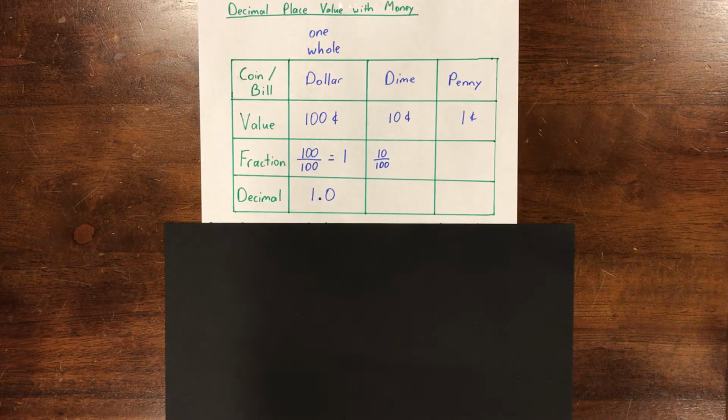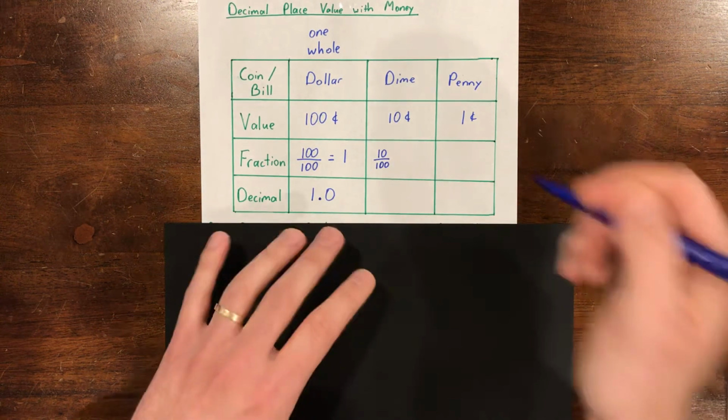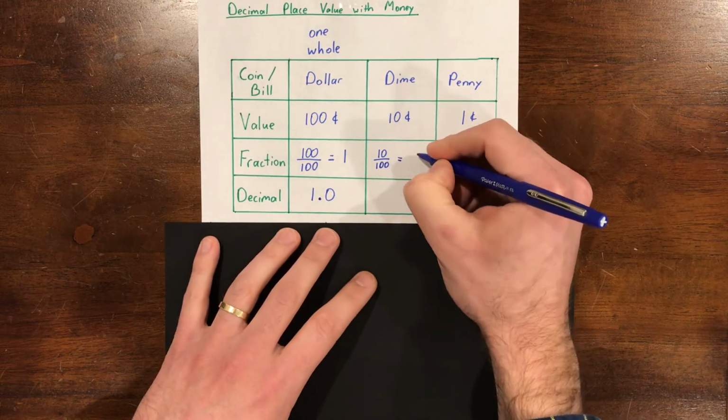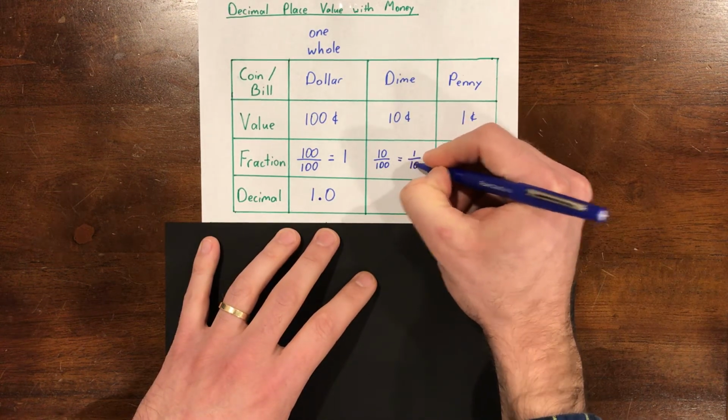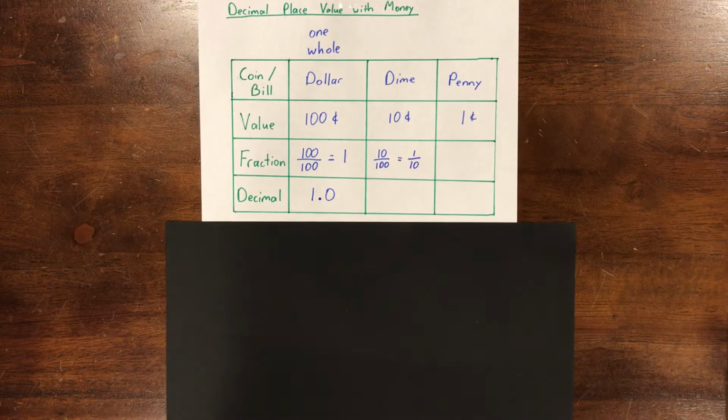Okay, how else could you write that fraction and why? Say it out loud. Right. 10 hundredths, we know from our work earlier, is the same as 1/10. How would you write that as a decimal and why? Say it out loud.